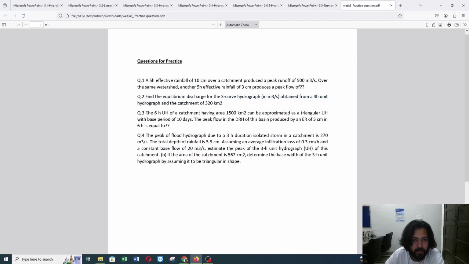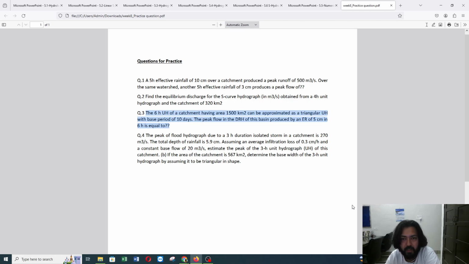The next numerical: they have given us a 6-hour unit hydrograph of a catchment having area 1500 km square, approximated as a triangular unit hydrograph with a base period of 10 days. The peak flow in the DRH of this basin produced by ER of 5 cm is equal to how much?